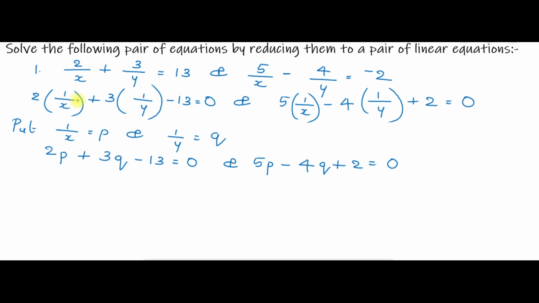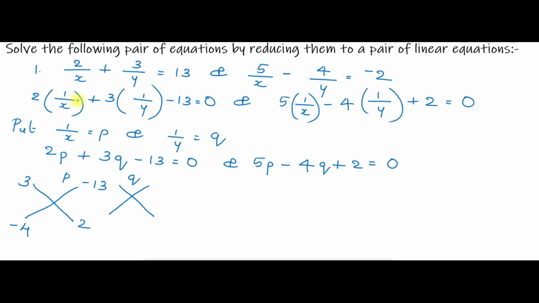Hope you have already seen my previous videos. I am going to use cross multiplication. So for p, I am putting a cross. For p, I am writing q and constant terms: 3, minus 4 and here minus 13, 2. Again I am putting a cross mark for q.